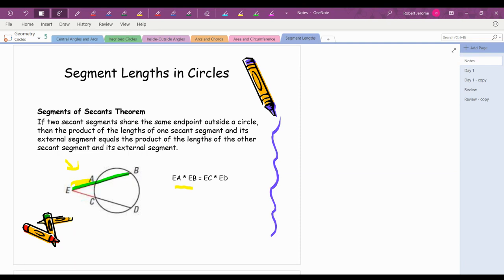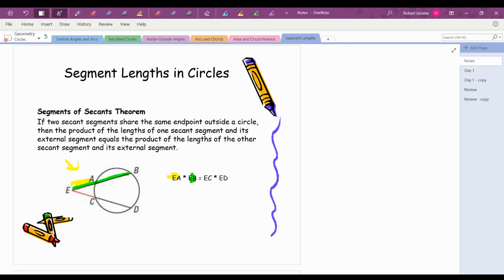So again, think about that. Think about the way this is set up for a secant. The part on the outside times the whole thing. And then on the second, we're going to do the same idea. So on the first one, we have EA times EB.